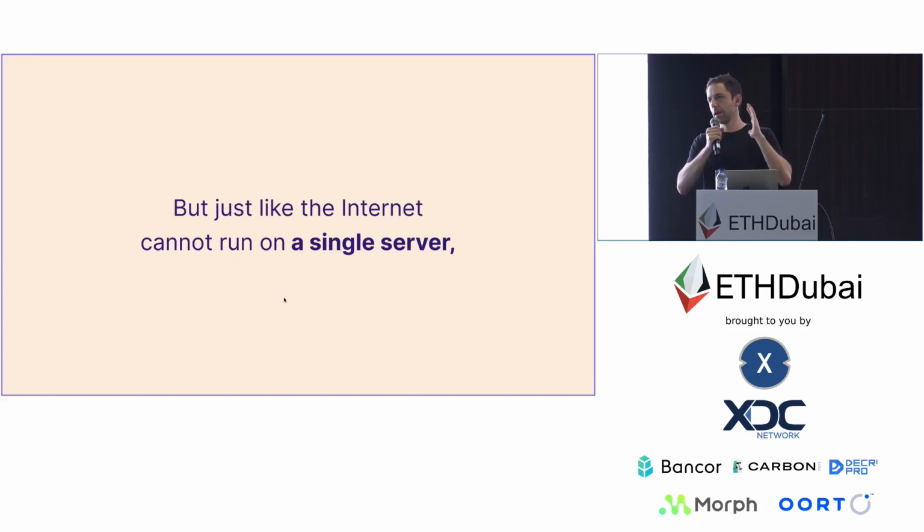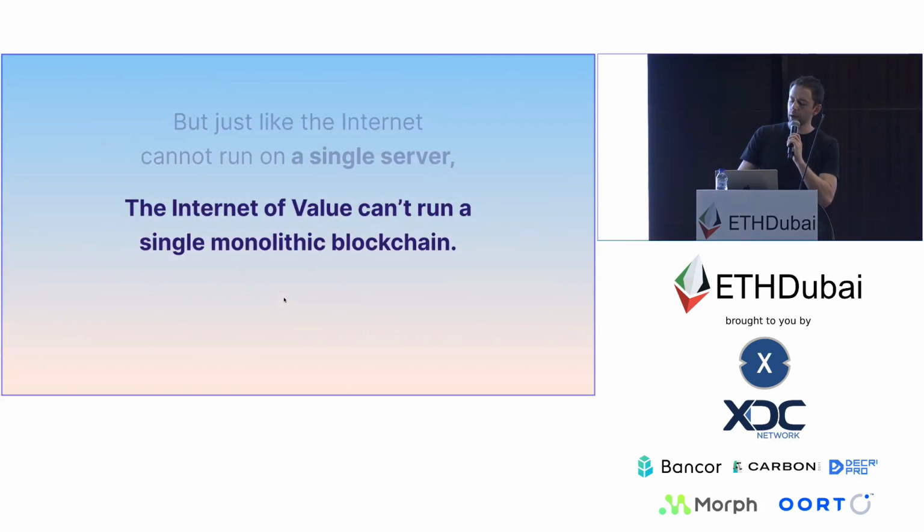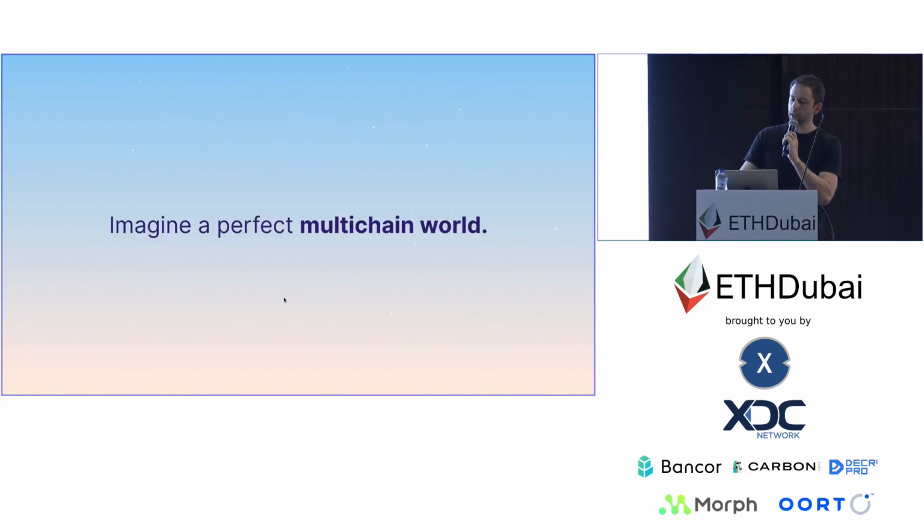It's technologically not feasible, but also socially not feasible, to have one single one-size-fits-all solution for all communities and all businesses to just agree on, okay, we're going to be building on this one single configuration blockchain. So there must be multiple blockchains, a multi-chain world, but it must be seamlessly connected, just like the internet is connected, without any additional trust assumptions about all these people in between.